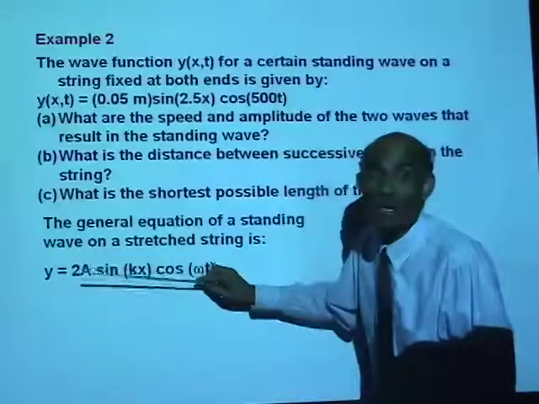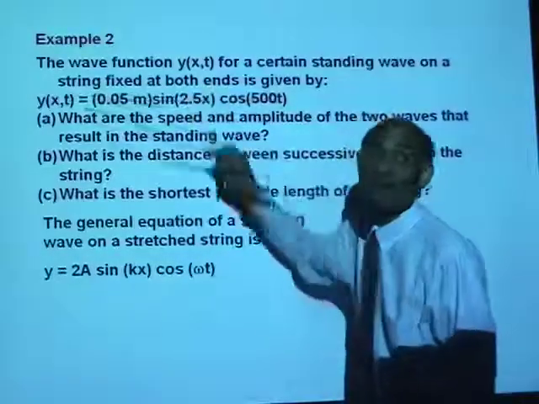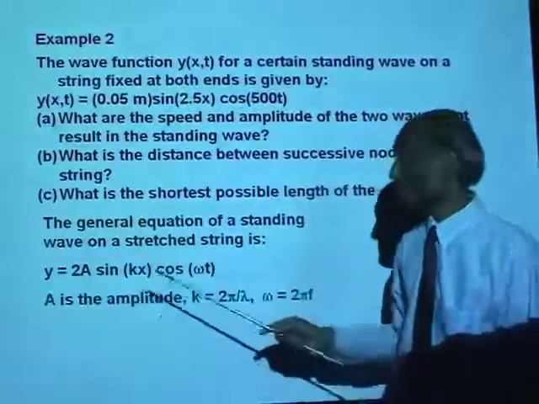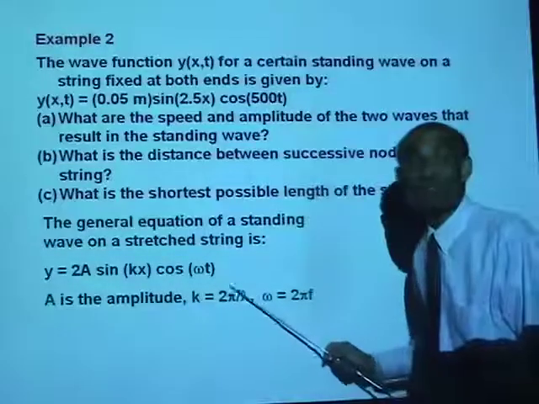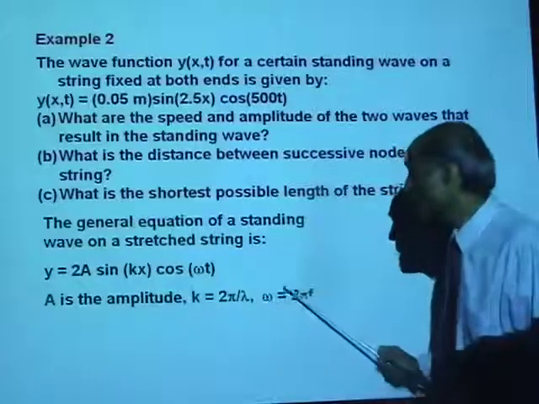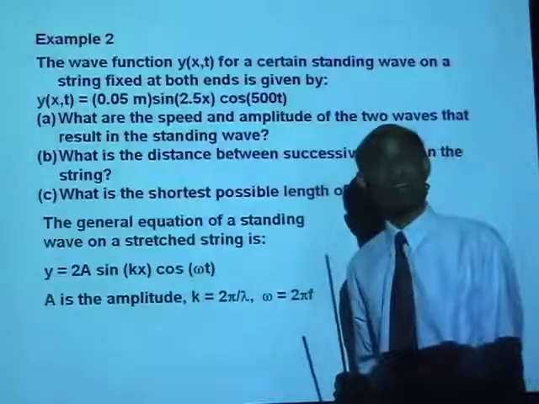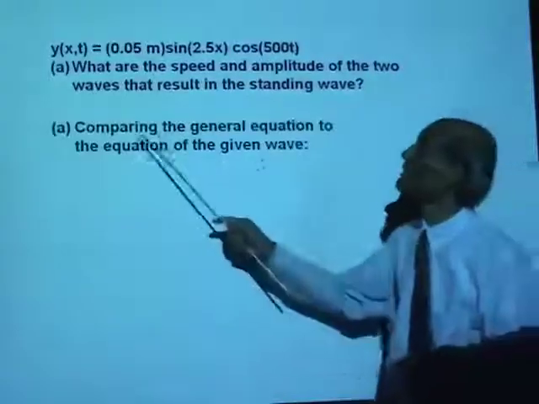You can see the wealth of information contained in the equation of the wave. A is the amplitude, k equal to 2 pi by lambda is the wave number, and omega equal to 2 pi f. Alright, let's now pick the values and do this problem.